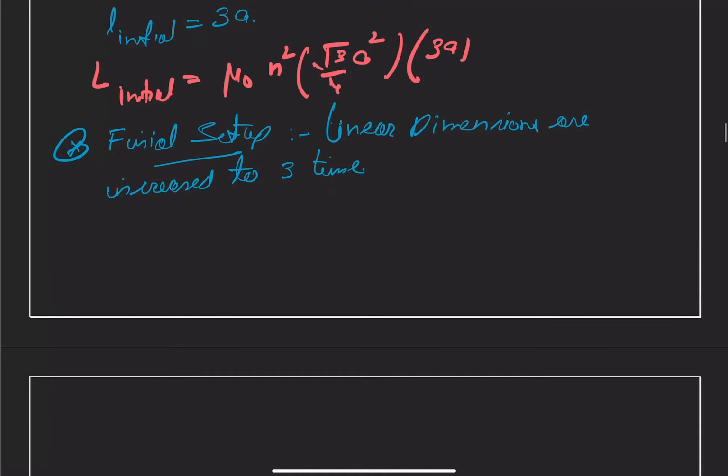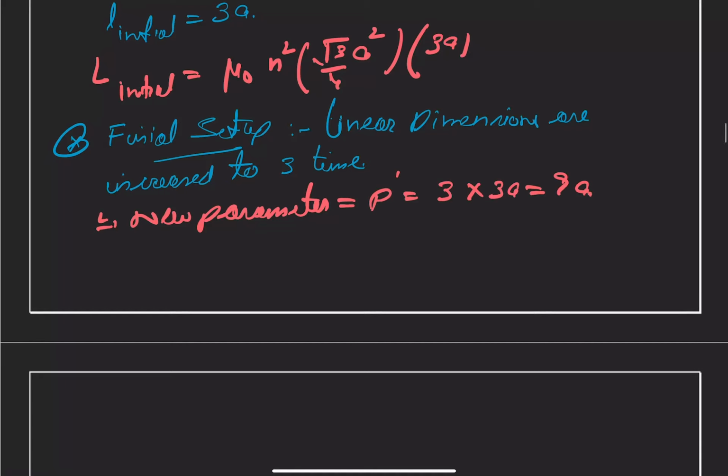Therefore, the new perimeter, let us call that P prime, will be equal to 3 multiplied by the initial perimeter, that is 3A, so this comes as 9A.